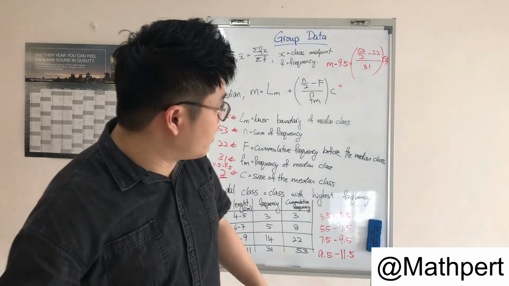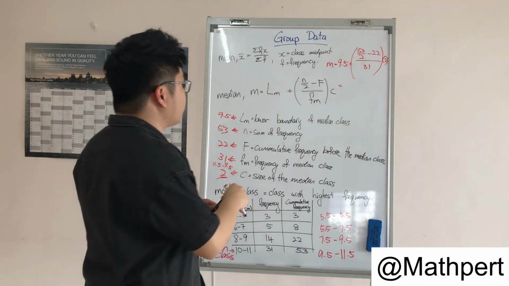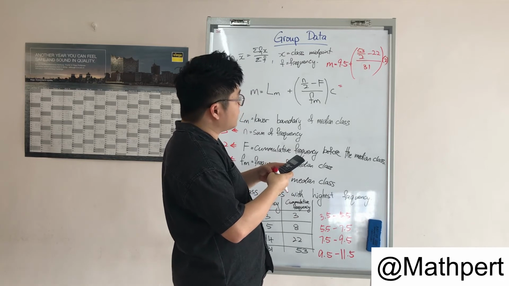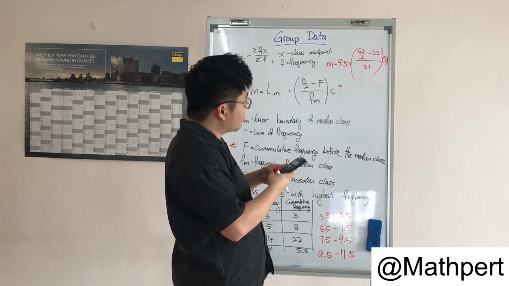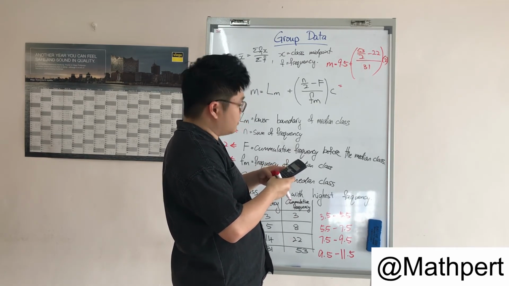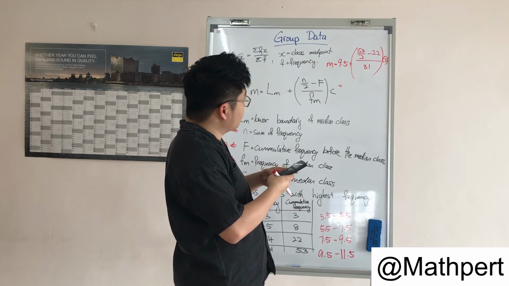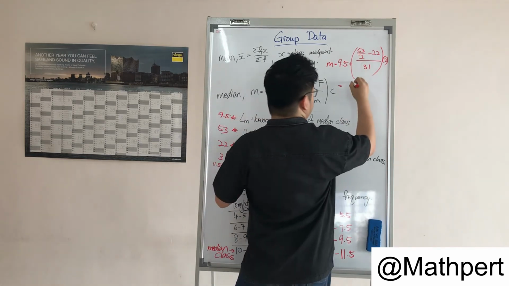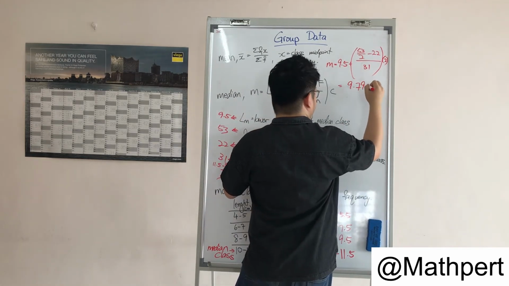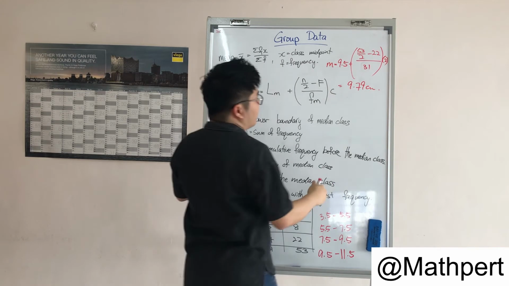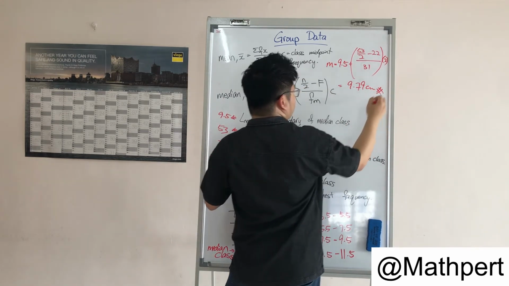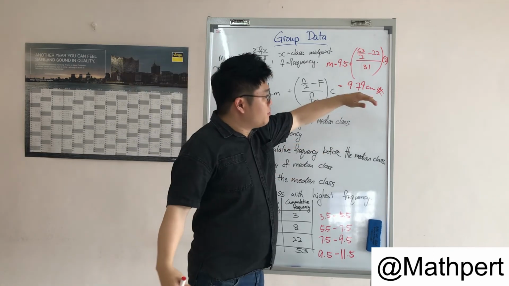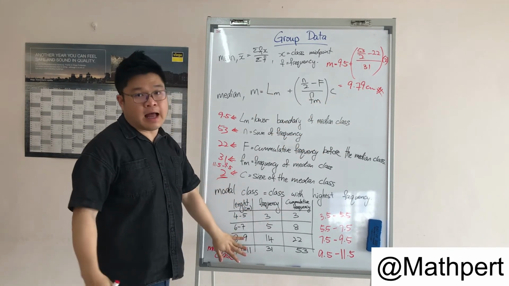So by using the calculator, how much can we get? 53 divided by 2 is 26.5 minus 22, divided by 31, then multiply by 2, then plus 9.5. So 9.79 cm. Okay? This will be the median for this data.